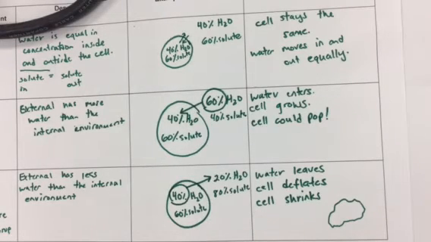Smaller, okay? Another thing to remember if you do the opposite, hypo, big O, right? Gets big, grow. Hypo, grow, hyper, gets smaller. Hypo, big round, expands, could pop.